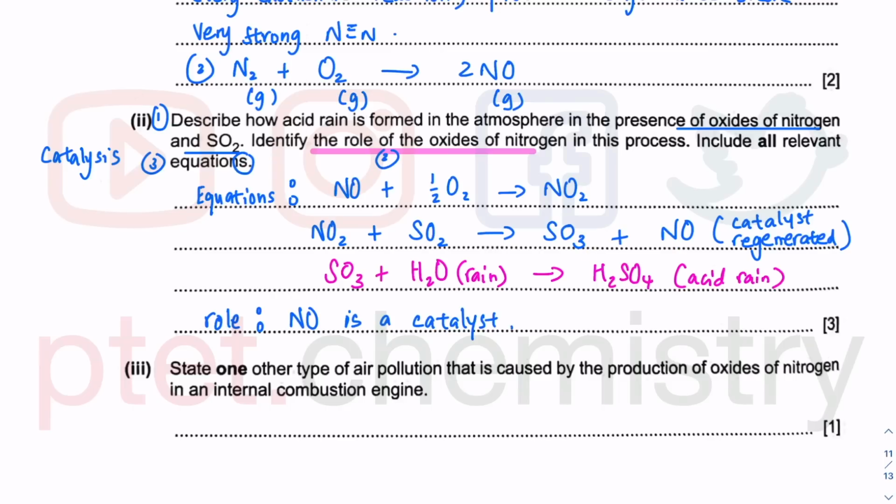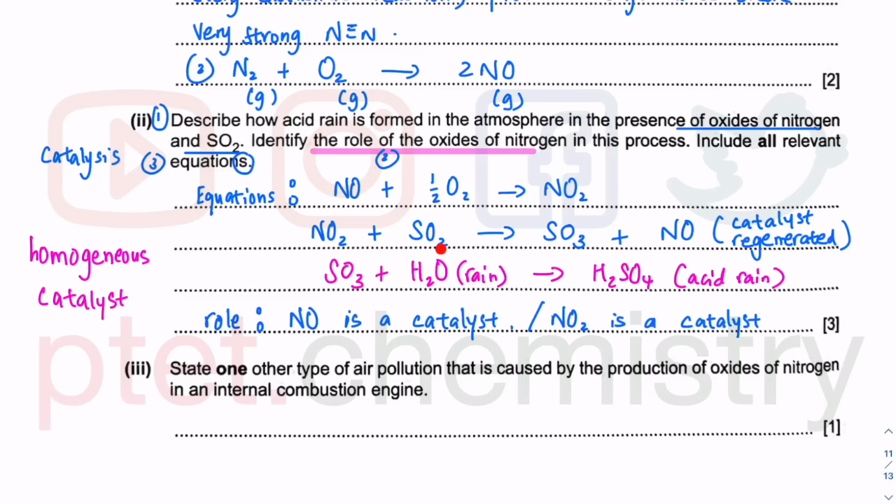Now, some people will say NO2 is the catalyst, and that's perfectly fine, because in A2 you will learn to describe homogeneous catalysis, and the word homogeneous catalyst is actually part of the AS rate of reaction topic. If you look up the syllabus, a homogeneous catalyst is in the same phase, the same state as the reactant.